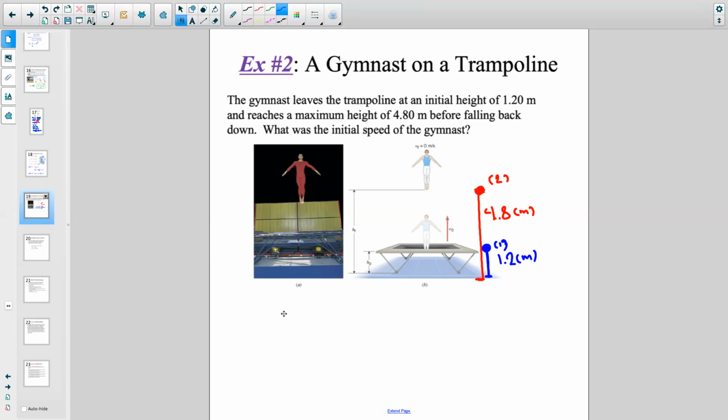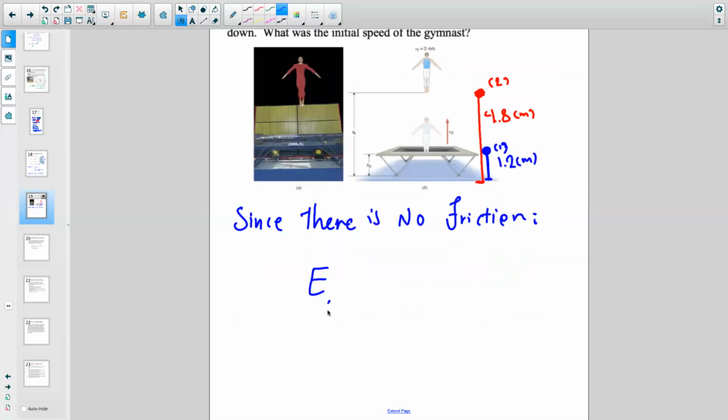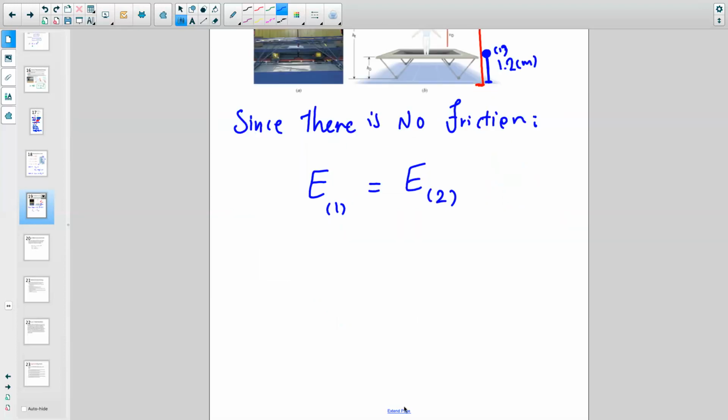So we can write, since there is no friction, that total mechanical energy in point 1 should be equal to total mechanical energy in point 2. Total mechanical energy in point 1 is K plus U. Total mechanical energy in point 2 is K plus U.